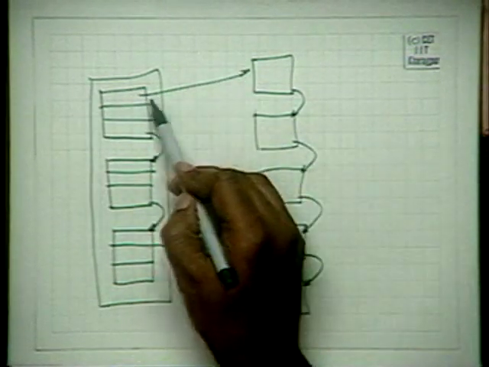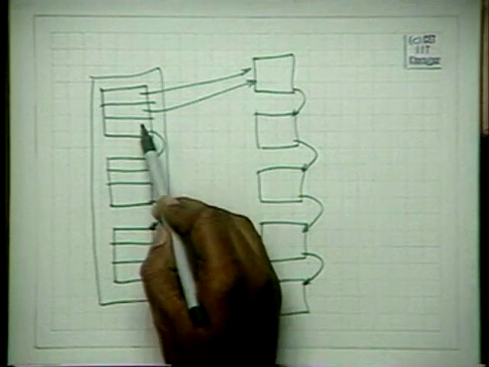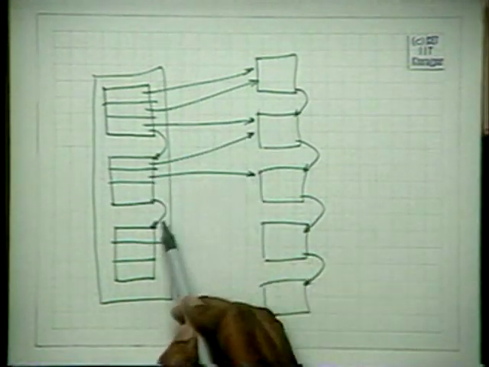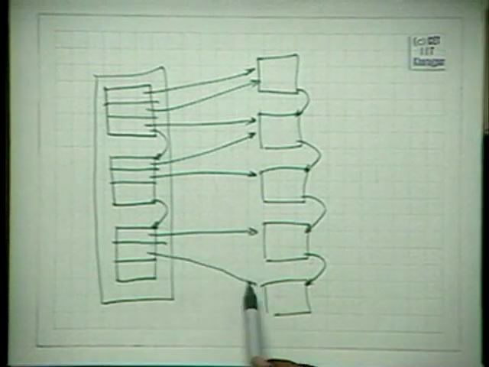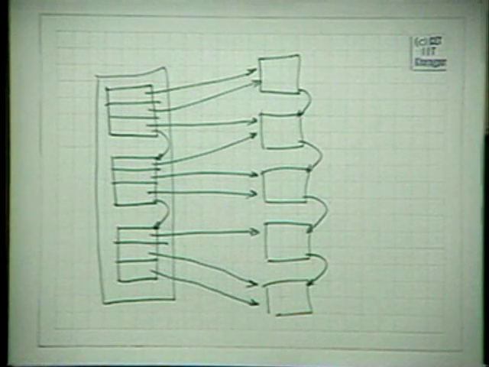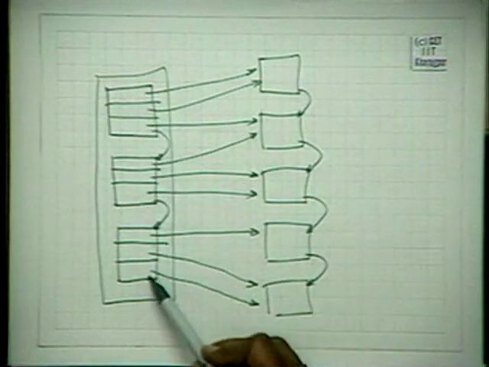This points here, this points here, this points here, this points here. This is the way we may have organized it. Now, in order to access an element, I will have to go from the beginning here.